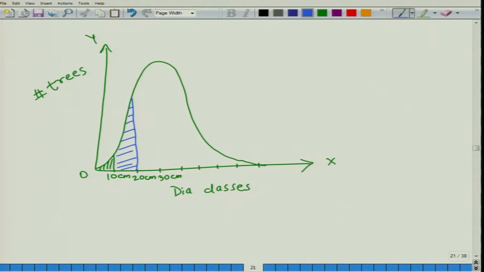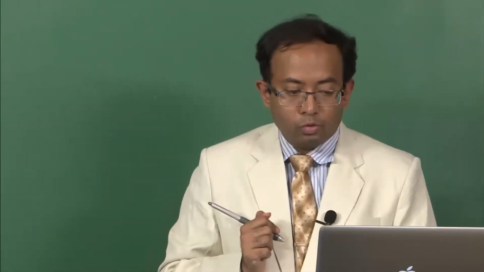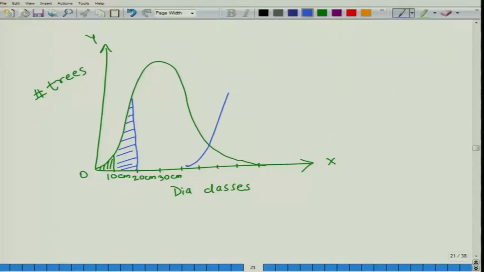Now, is there a single measure that can describe this distribution? Why would such a measure be required? Suppose we wanted to compare two distributions. One is this and the second goes like this.